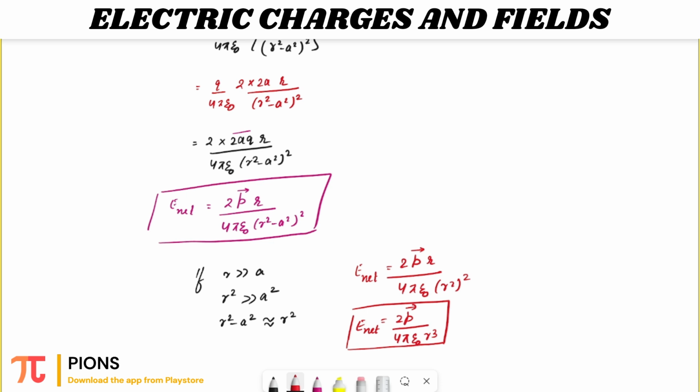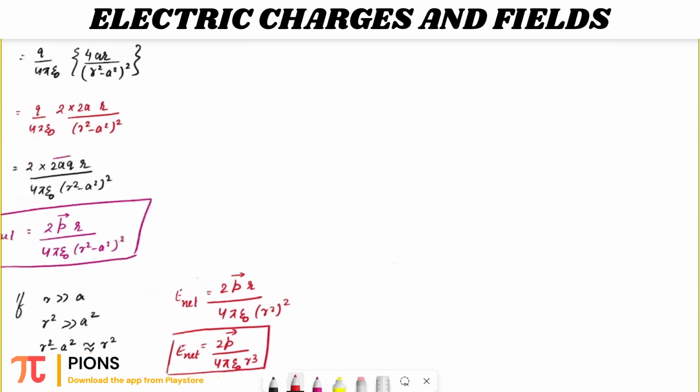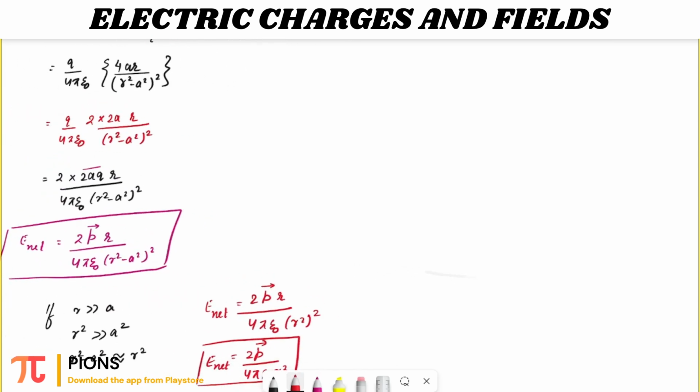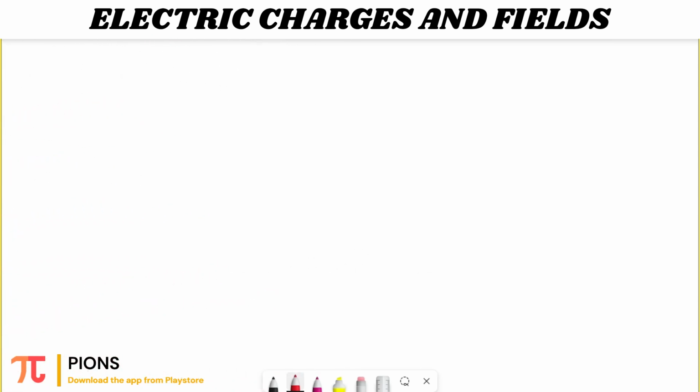So what we conclude up till here is that electric field E due to a single charge is 1 by 4 pi epsilon naught Q by R square.